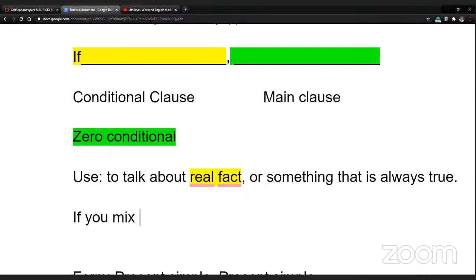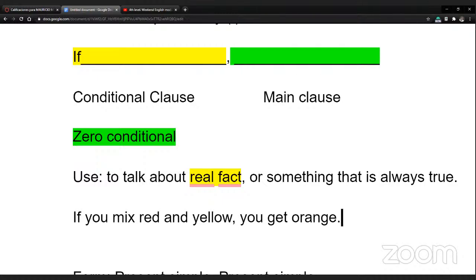This is an example that I wrote in the previous class. This is the zero conditional, real fact or scientific fact.